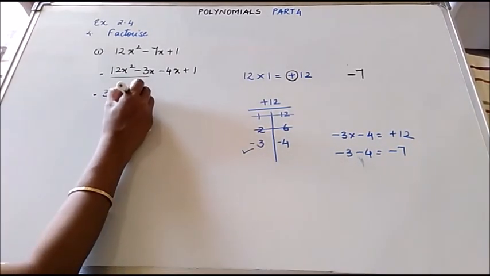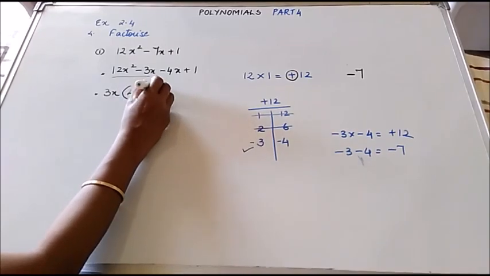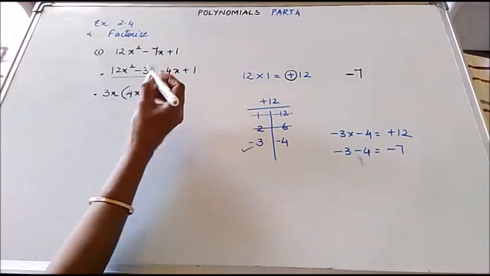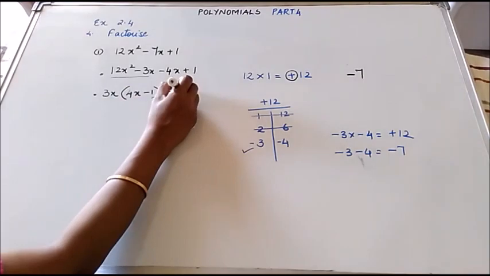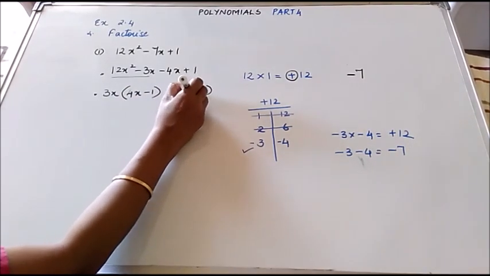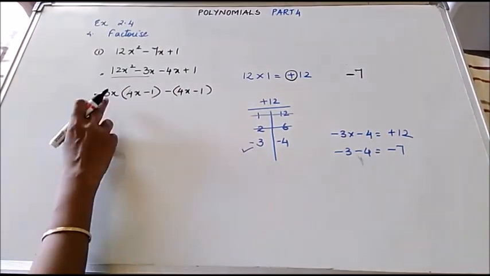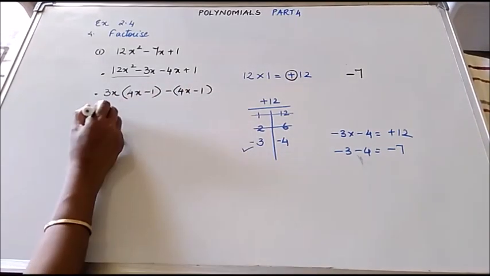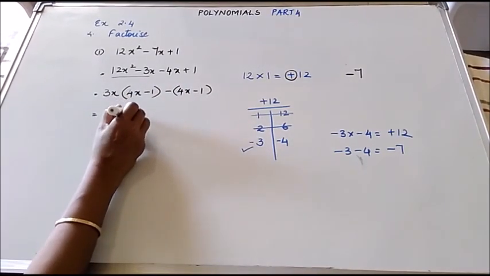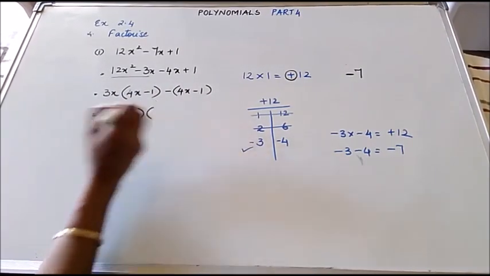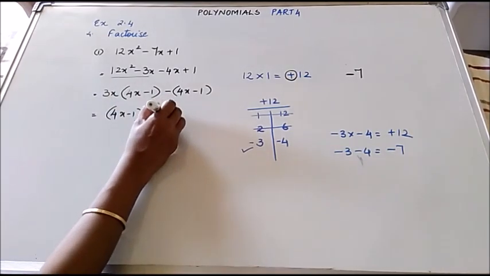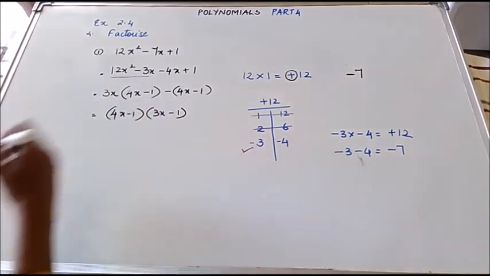What do you get in the bracket? We get here 4x minus 1. Here we take minus sign common. In the bracket, we get here 4x minus 1. Now what is common in both these terms? 4x minus 1. We take here 4x minus 1 common. In the bracket here 3x, and here it is minus 1.